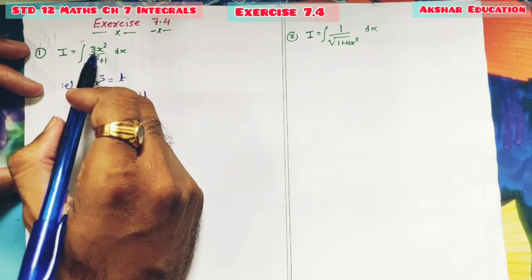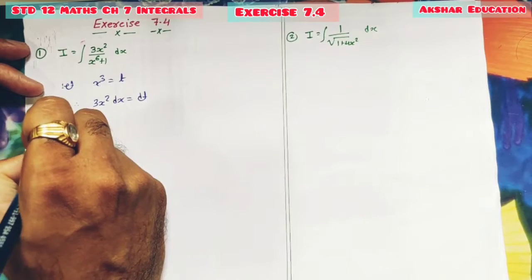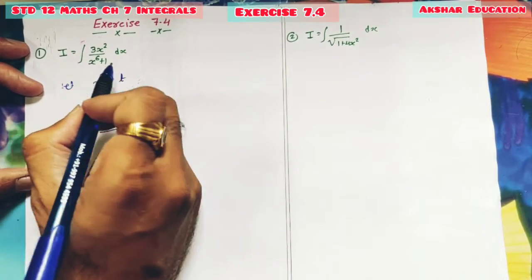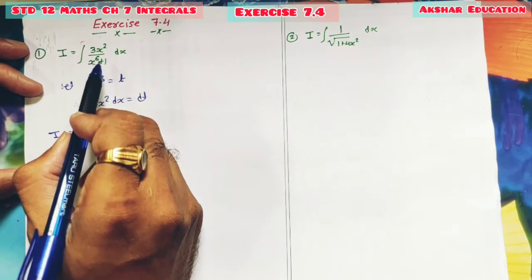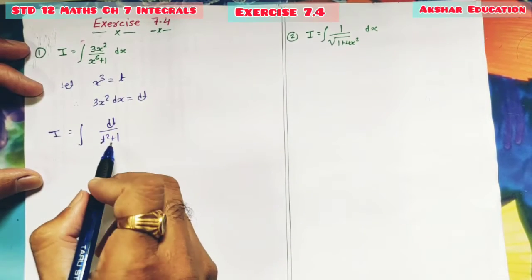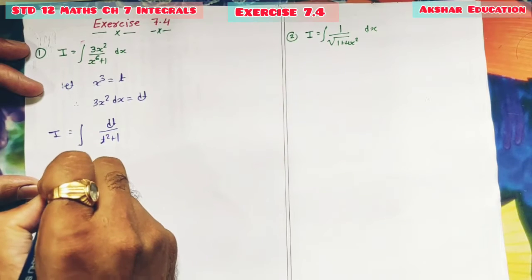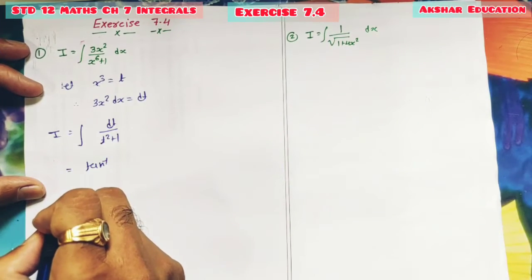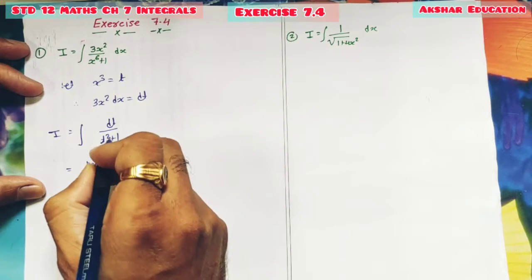So now we can replace our numerator 3x square dx with dt, and the denominator as x cube whole square, since x raised to 6 is nothing but x cube whole square, so it's t square plus 1. Here we get one formula, 1 upon x square plus a square, which is 1 upon a tan inverse x by a.